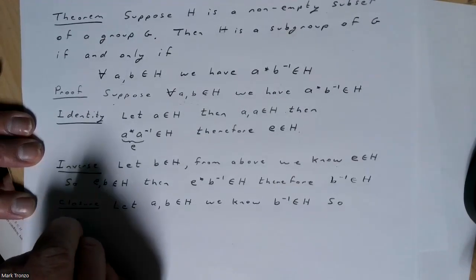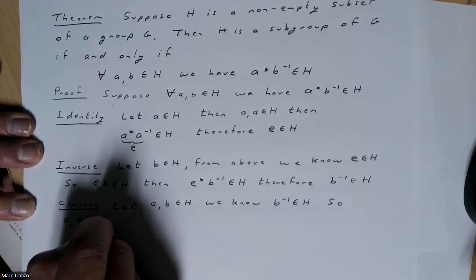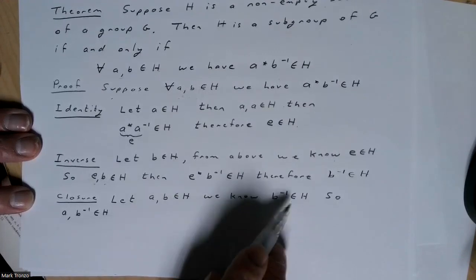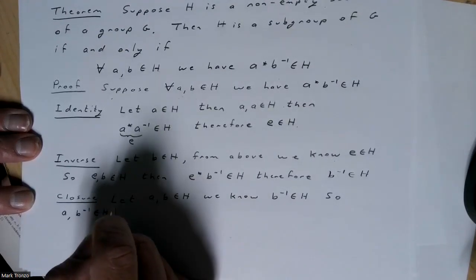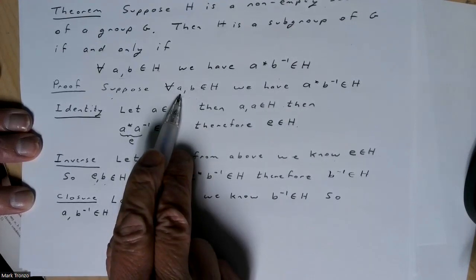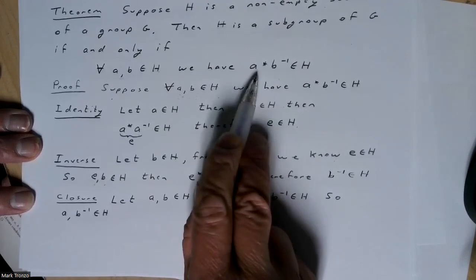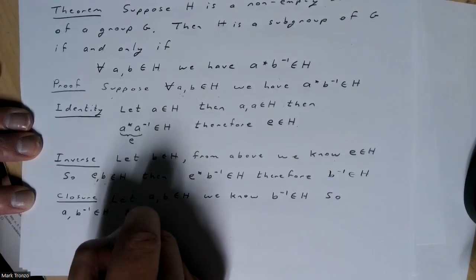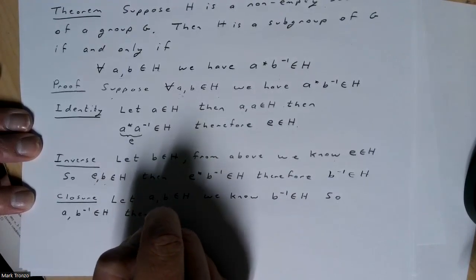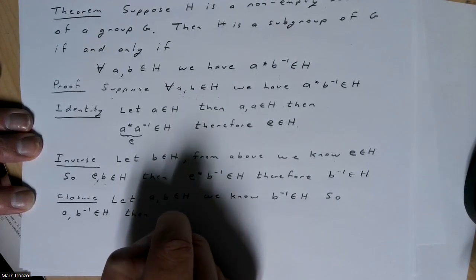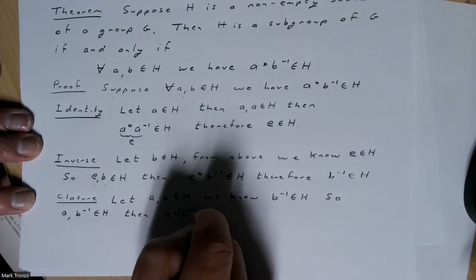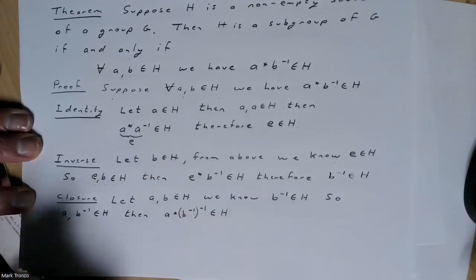A and B inverse are in H. We just showed A is in H, B inverse is in H. And then by our assumption up here, if these two are in H, then A star B inverse is in H, like that.